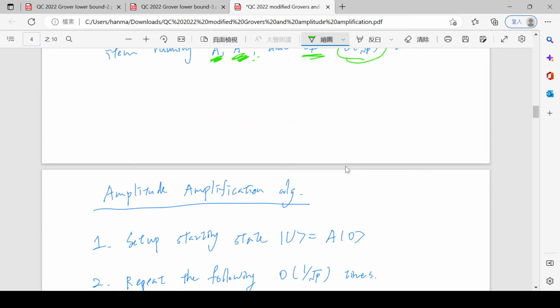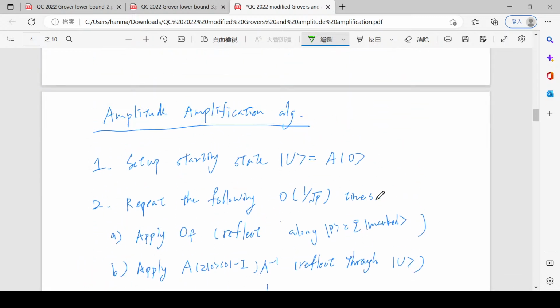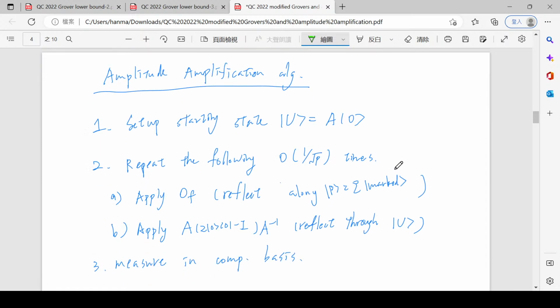And okay, about 5 minutes, so it's about time. And the algorithm is like this. Okay, so it's not too hard. So you start by running your algorithm A basically. So you run your algorithm A on the 0 state, and it should give you something, and this something has probability p of being a success.